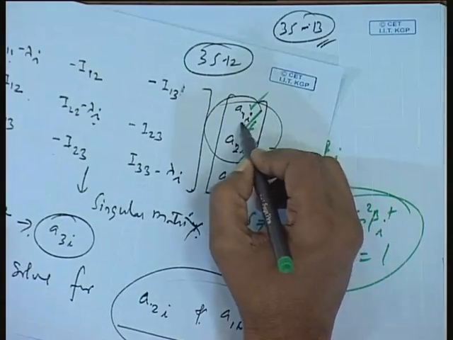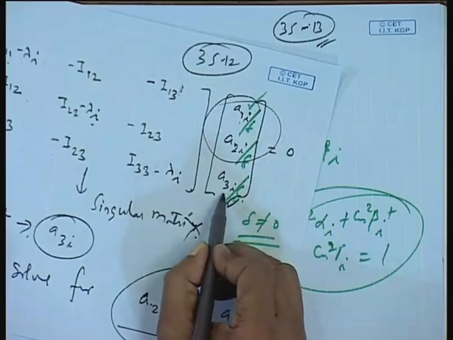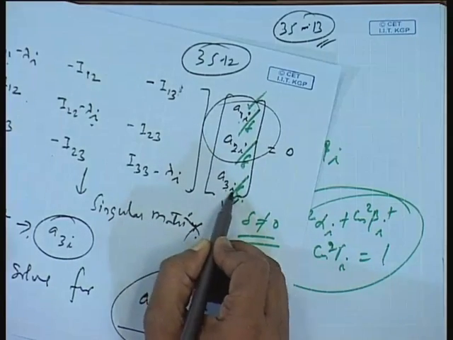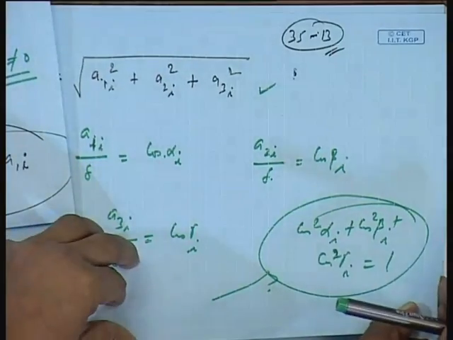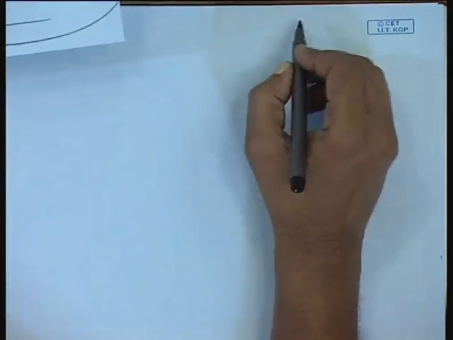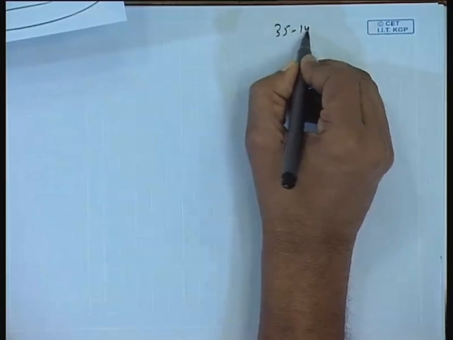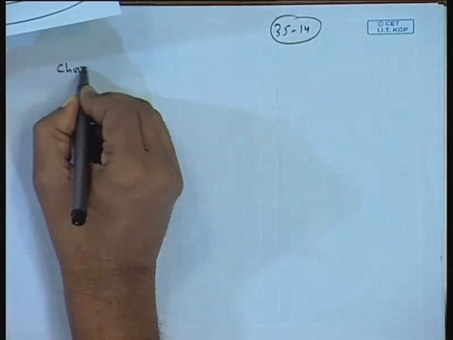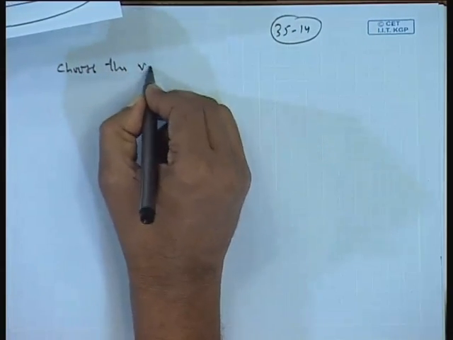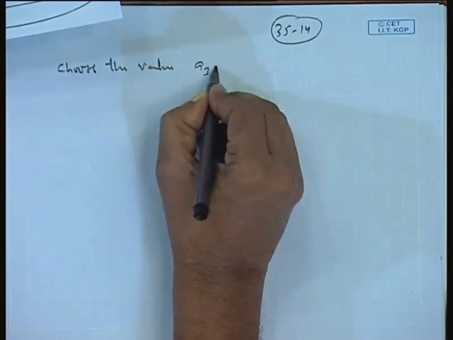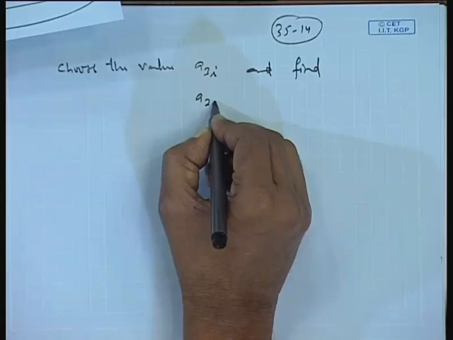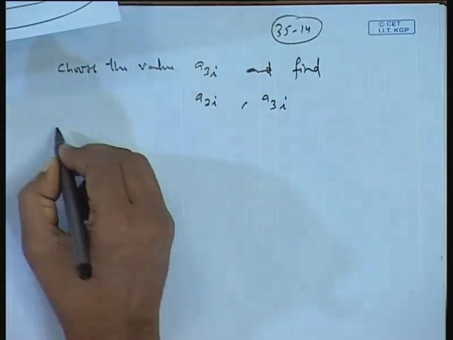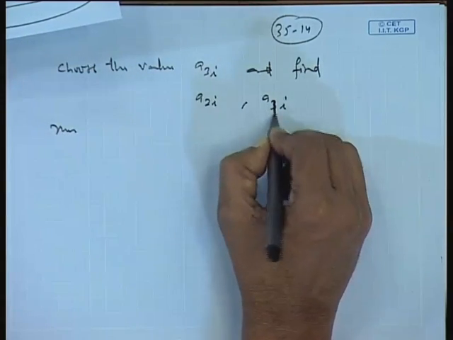So, choose the value A3i and find A2i and A1i. Okay.